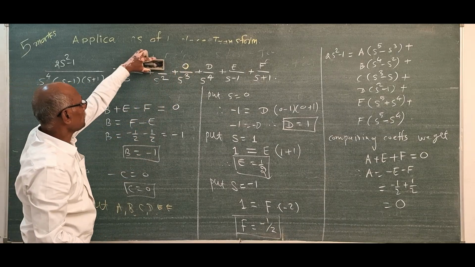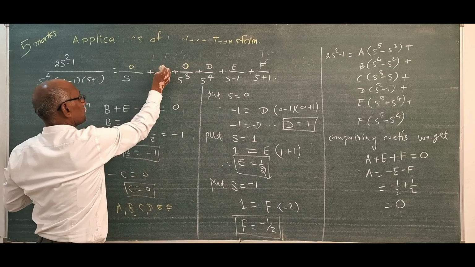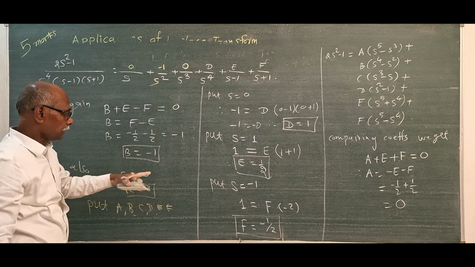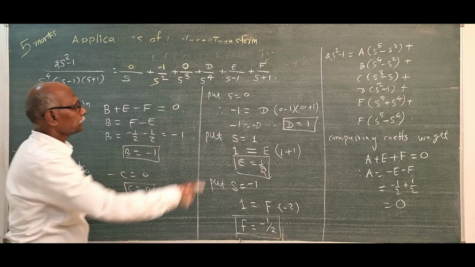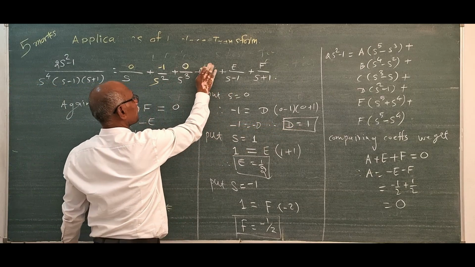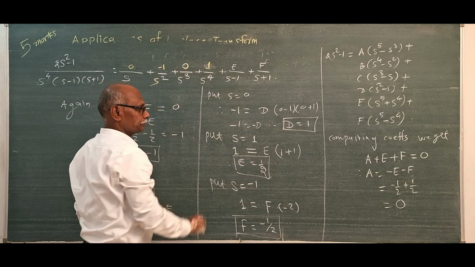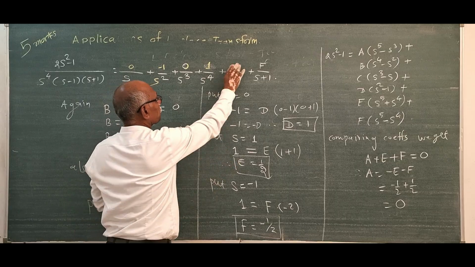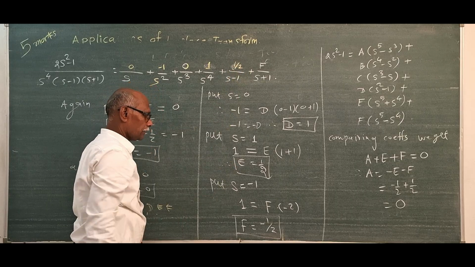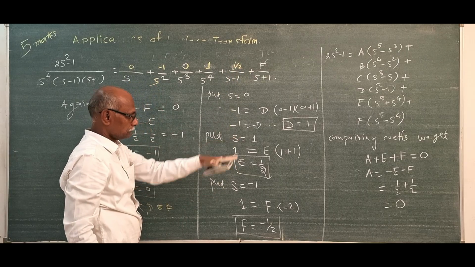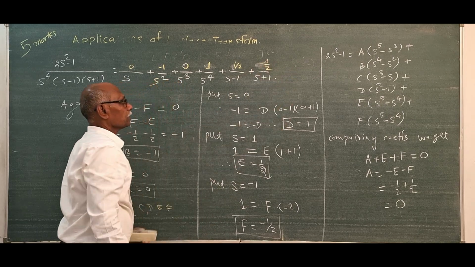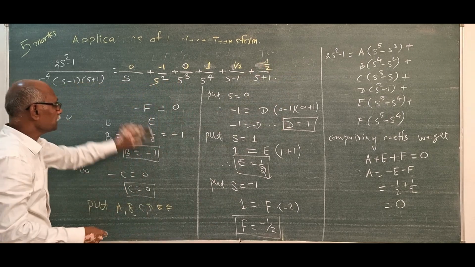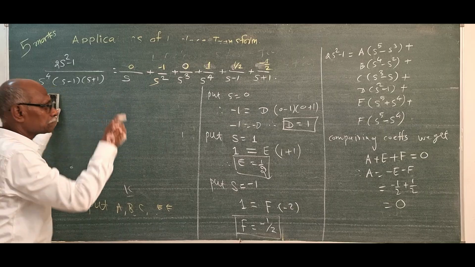B is minus 1, so I will write minus 1 over here. And then D is 1, so here I will write 1. Here E is half, so I will write half. F is minus half, so I will replace this by minus half. So finding A, B, C, D, E, F, we are getting a nice expression.